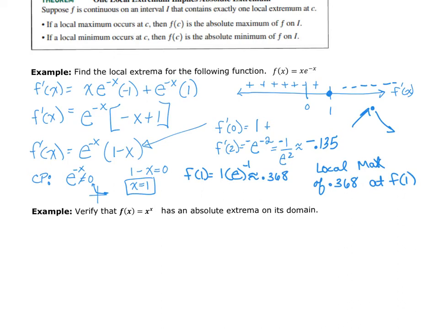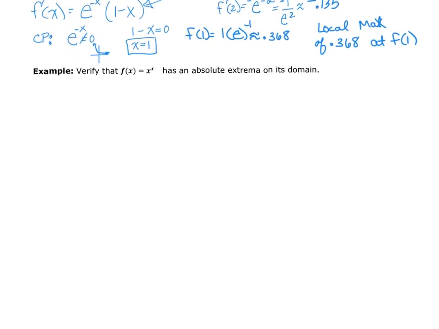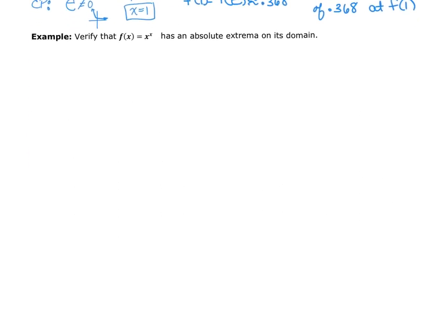Okay, let's take a look at the next example here. Let's verify that x to the x has an absolute extrema on its domain. So it would be nice to know what is its domain.